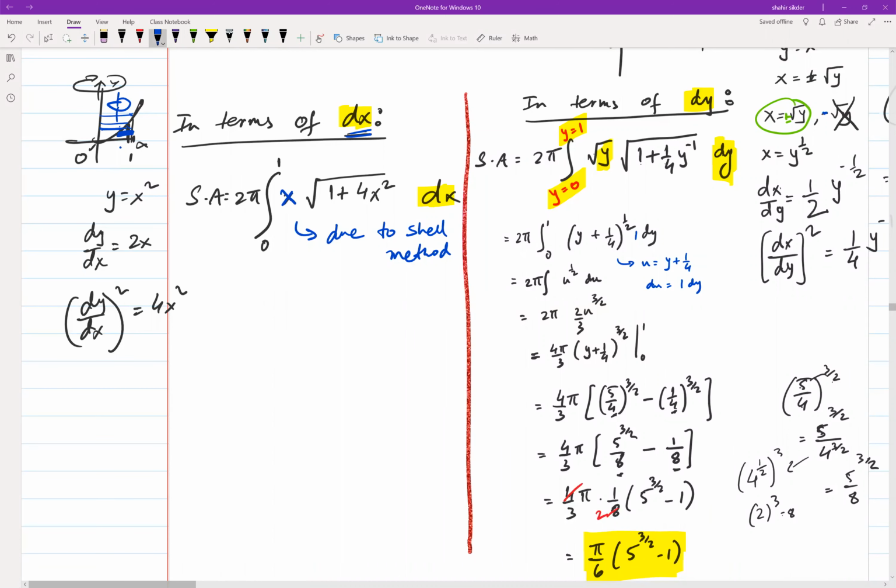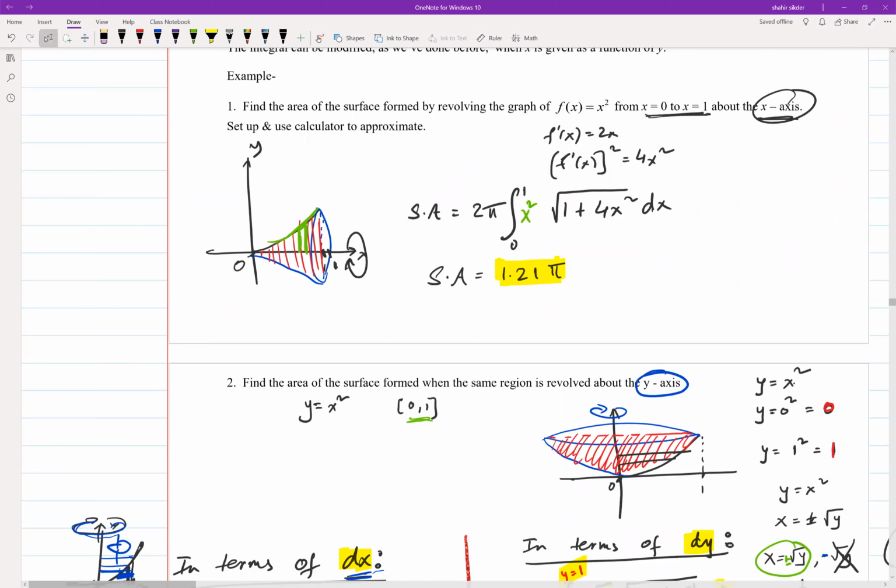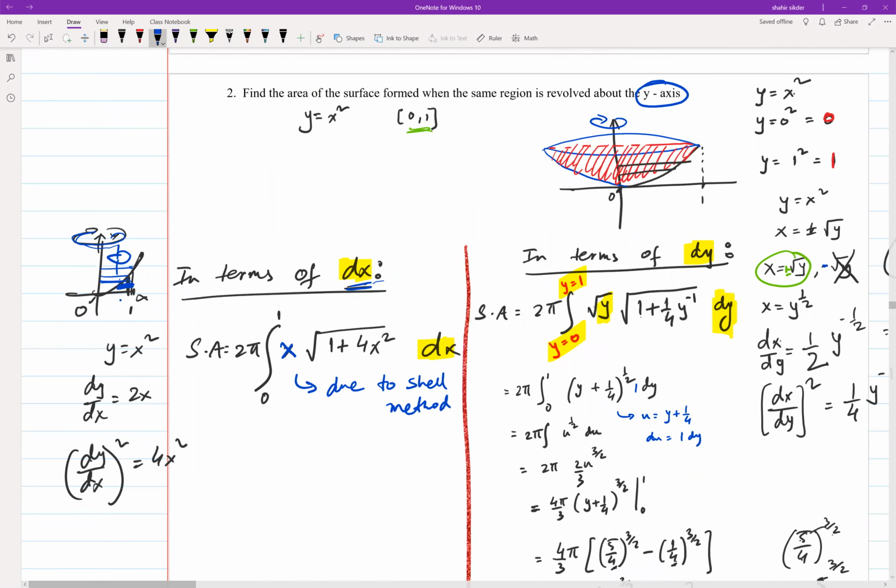Solve it, but make sure you swap out everything. If you still wanted to do a problem that is revolved about the y-axis, you can do it in terms of dx, but make sure you use that idea of a shell method. That's why it becomes easier. But if it was like the previous problem, you cannot use the shell because it was already revolved about the x-axis. You can only use it when you're revolving about the y-axis.